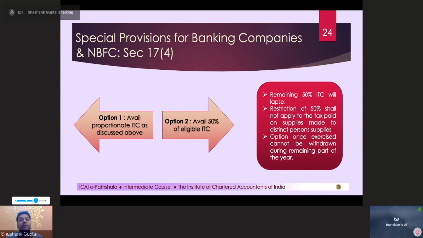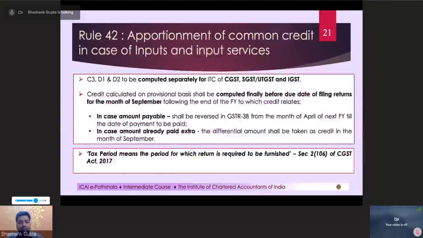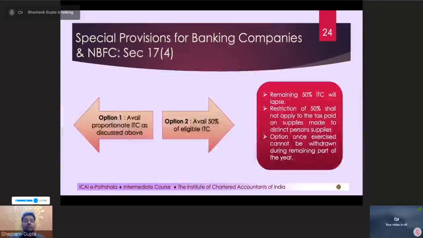Some special provisions have been given for banking companies and NBFC. So if they want, they can choose this mechanism, that is this elaborate calculation, or simply they avail 50% of eligible ITC. That is, if 100 rupees is the total ITC, they avail 50 rupees and they write off the balance 50 rupees.